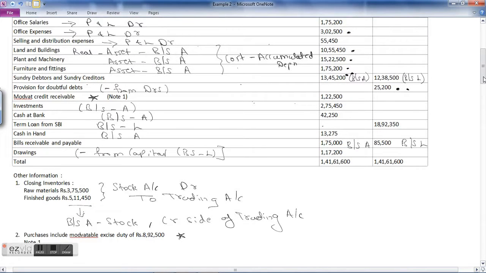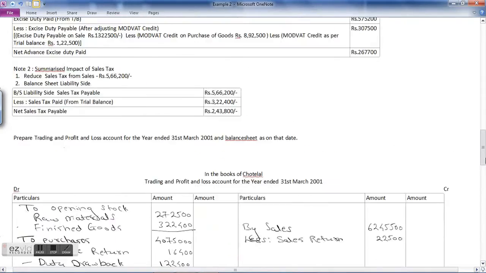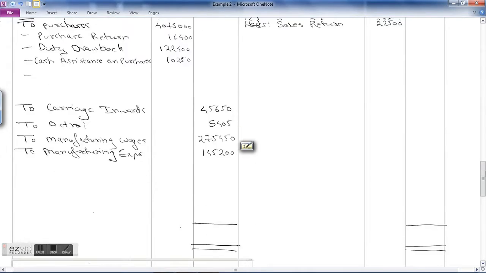So profit and loss account debit side, office salaries. How much is the amount to office salaries? 1,75,200.